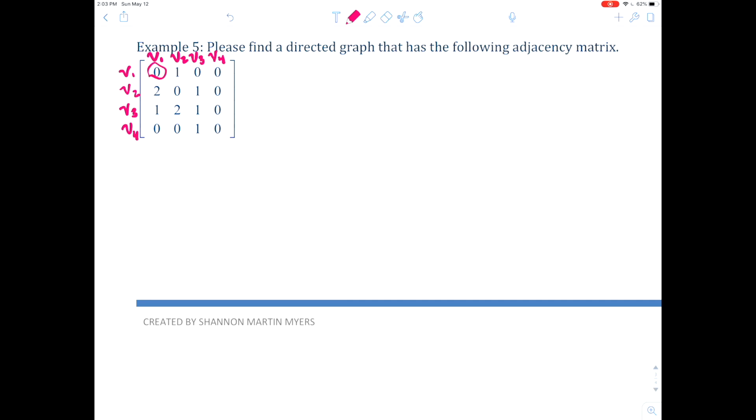That means that there is no loop at vertex V1. Make sense? Okay, so let's do it. I'm just going to put in our vertices, and you can draw them any way you want, as long as it follows, of course, the adjacency matrix.